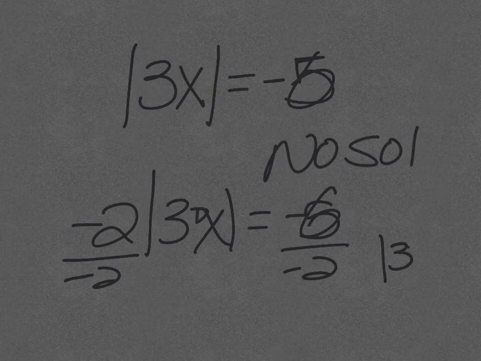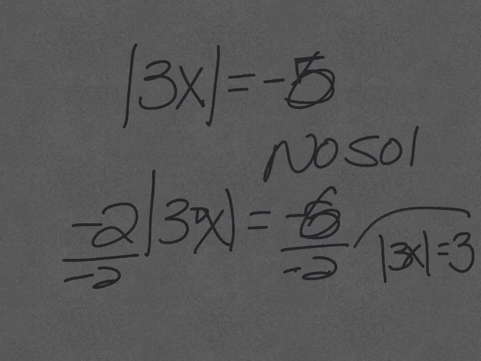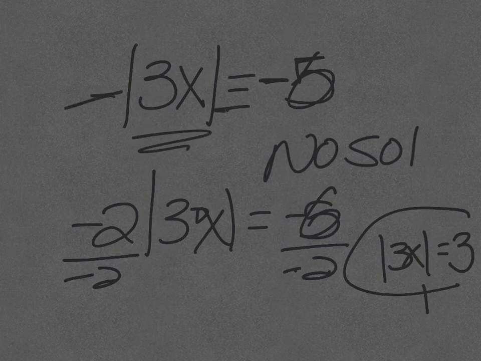Then I'd have the absolute value of 3x equals negative 6 divided by negative 2, which is positive 3. This is okay. You can go ahead and split and work it out. It's just if it equals a negative and nothing's in the yard or the basement, then it's no solution. Just wanted to remind you of that. I don't remember if I told y'all or not, but I want to make sure everybody's aware of that, okay?